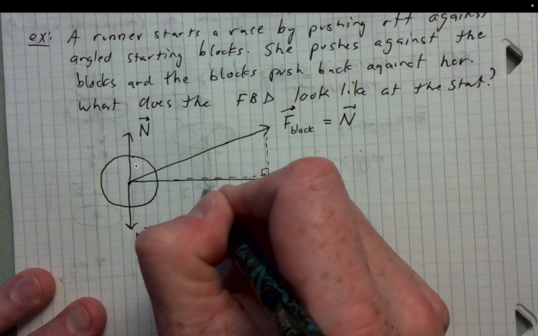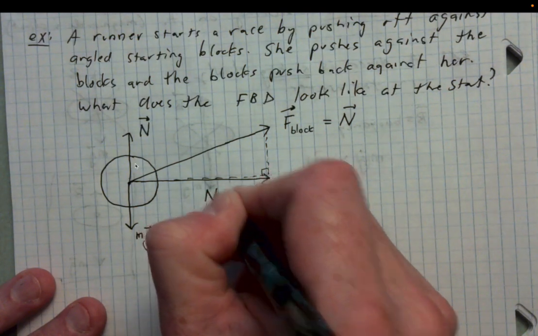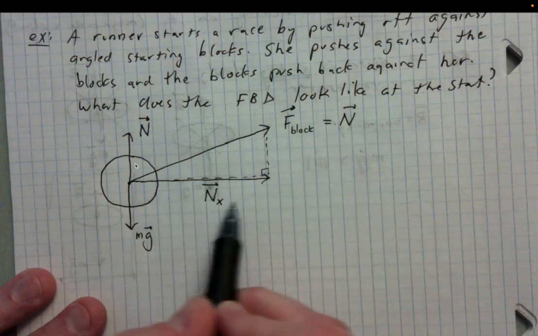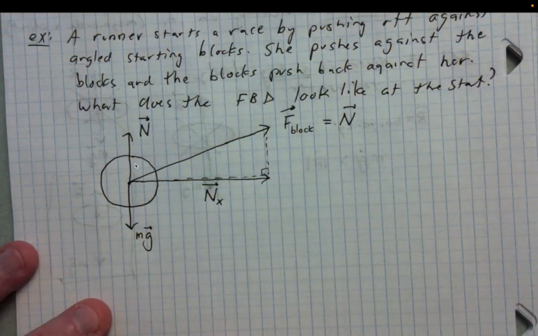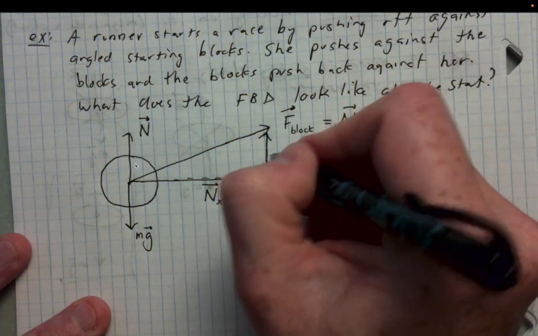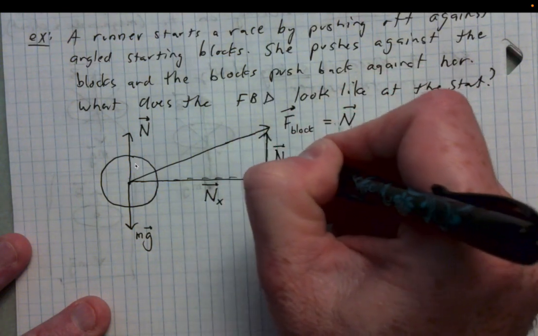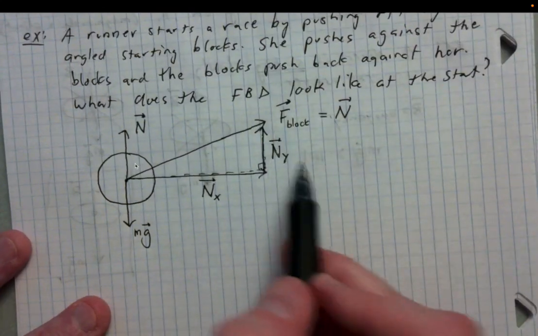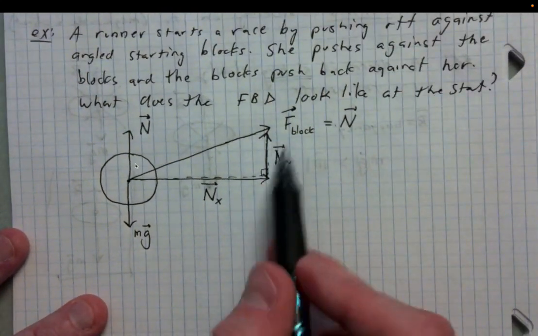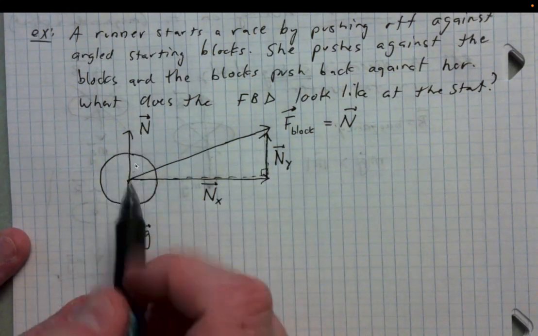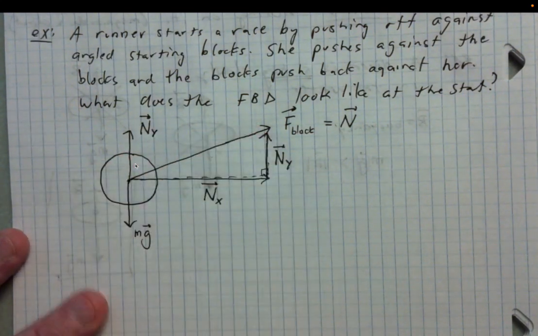This one here, I'm going to label N sub X. This is the normal force from the block pushing her in the X direction. And this one here, I'm going to label N sub Y. This is the normal force from the block pushing the runner in the Y direction. Now the length of this one here is actually the same as this, so this is the same force.